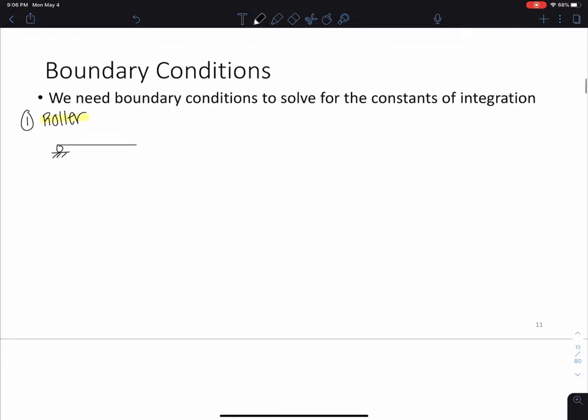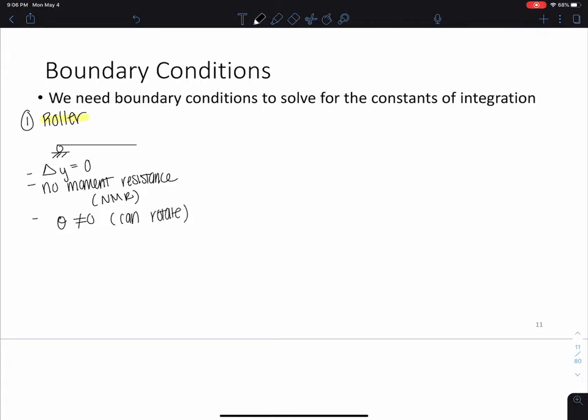What we know about a roller is that there's no deflection that can occur in the Y, so delta Y is 0, but we also have no moment resistance. I'm going to shorten this as NMR because I'm going to write that quite a bit. And then we also know that theta cannot equal 0. There has to be some rotation because it can rotate.